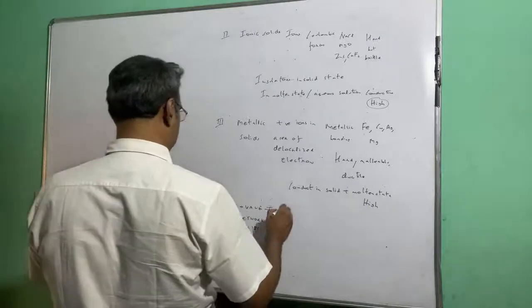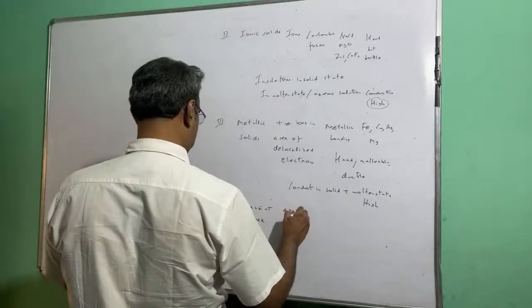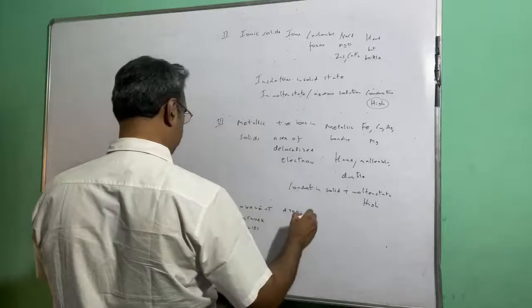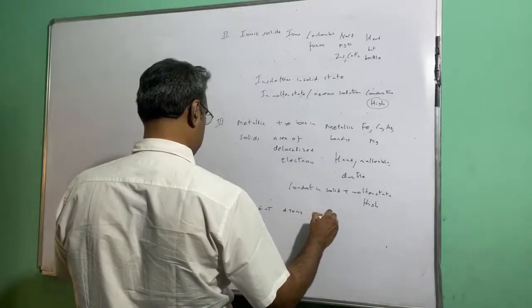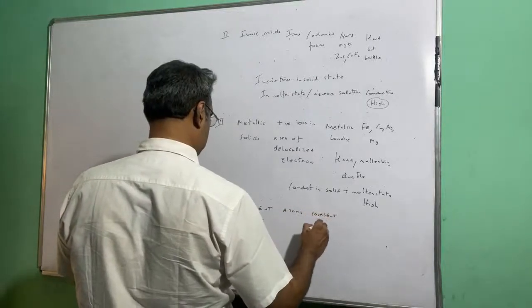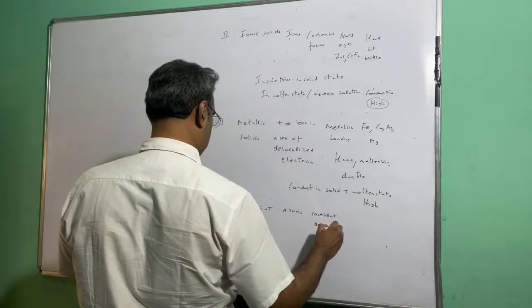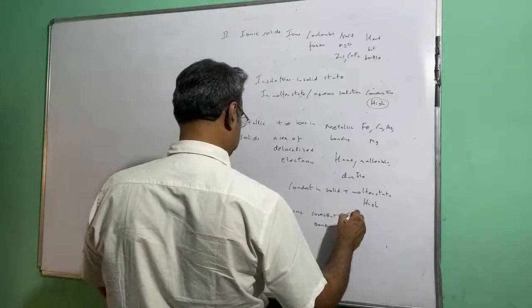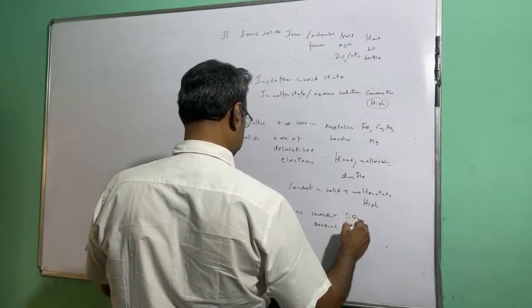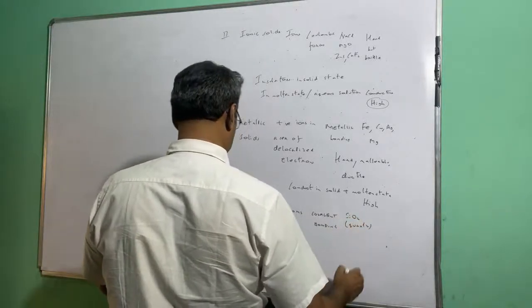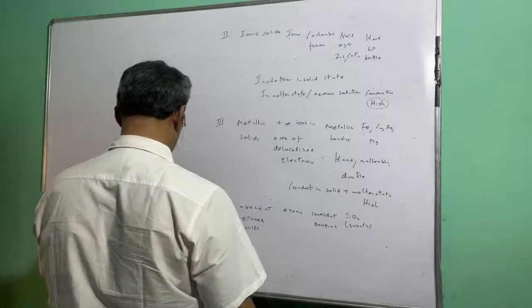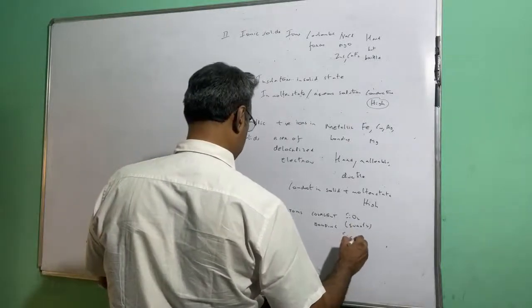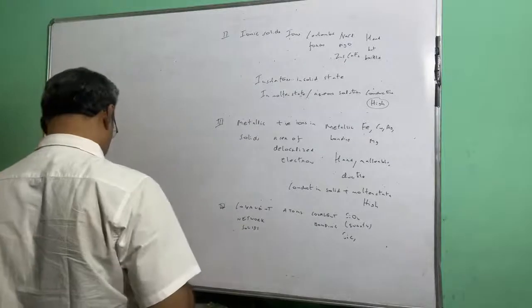Then covalent or network solids, so they are made up of atoms with covalent bonding. An example is SiO2, which is also called quartz.